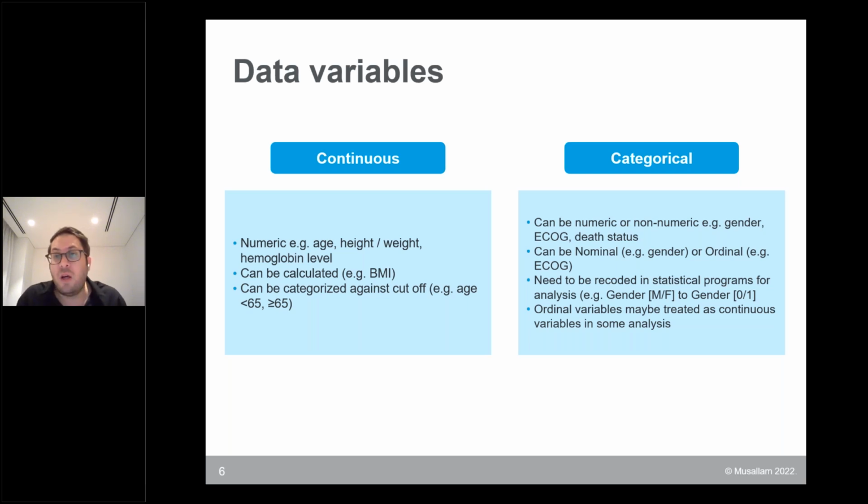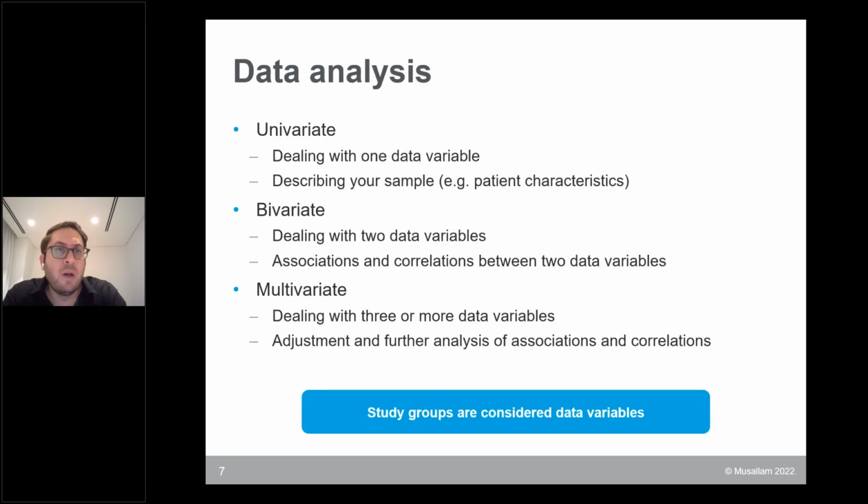If you have death as yes, no, it needs to be converted to 1, 0. Sometimes ordinal variables that are there in a sequence, as much as they're not continuous variables, we do treat them as continuous variables in some analyses, and I'll refer to that in a bit.